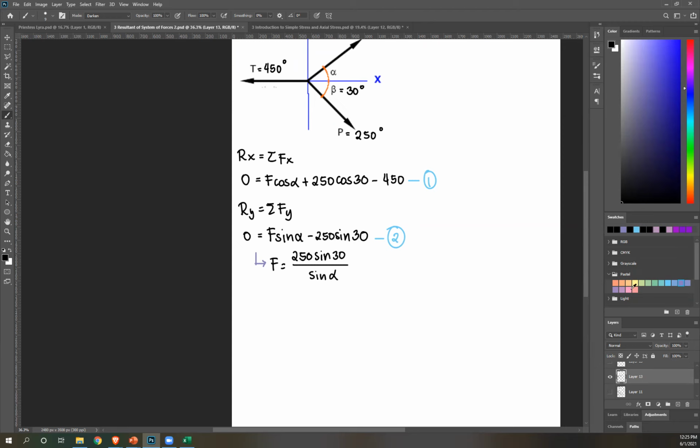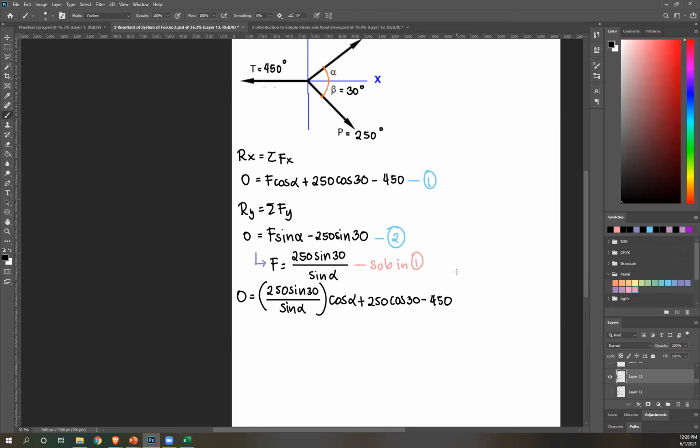And then we substitute this into equation number 1. Substituting it in 1, we get 0 equals 250 sine 30 over sine alpha, times cosine alpha, plus 250 cosine 30 minus 450.